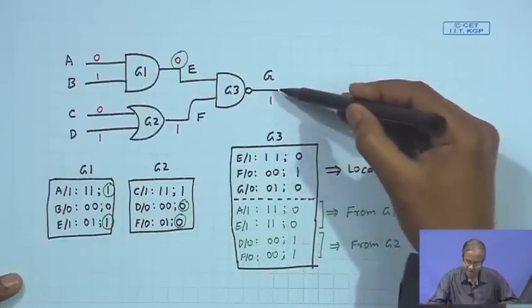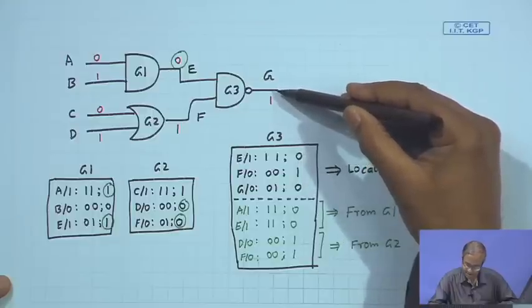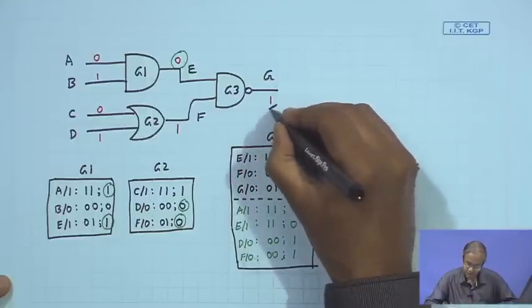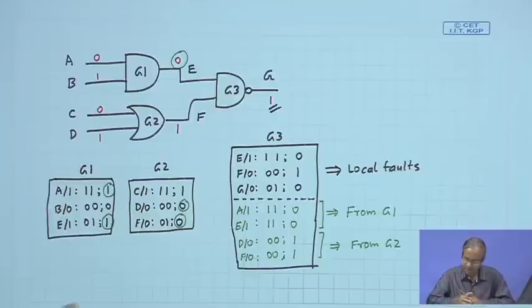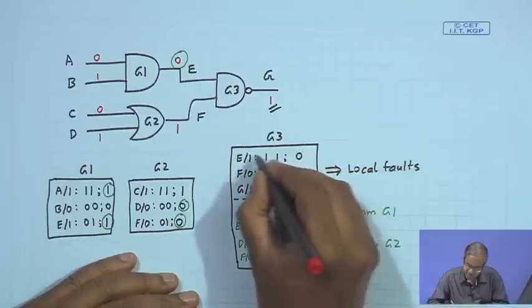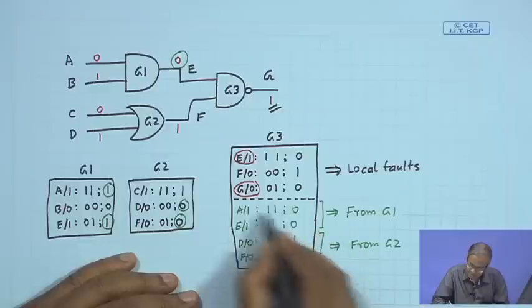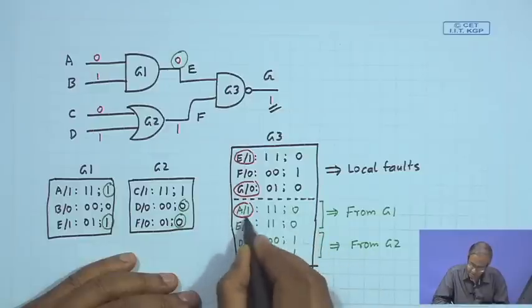So, when you reach the fault list of the final gate output, you know that the fault free value is 1, you look at all those faults for which the output is coming as 0, like one is this, one is this, one is this and one is this.